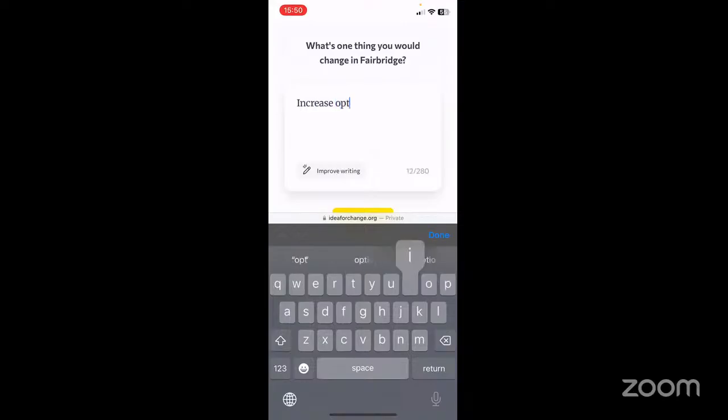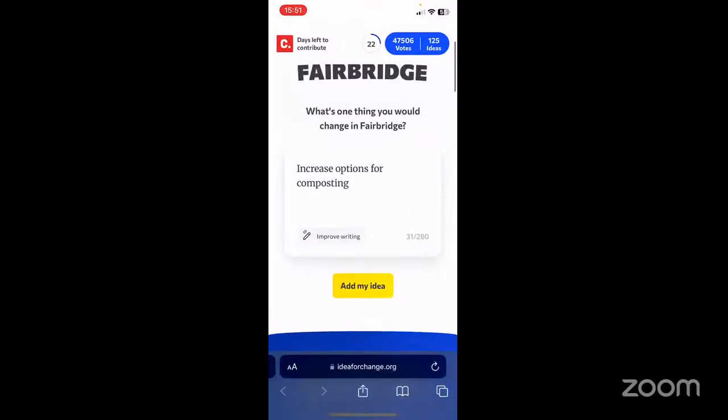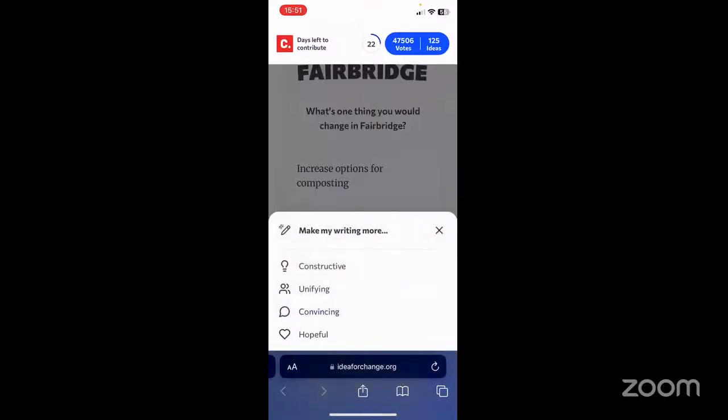Increase posting. This is interesting. We can get help to improve this. Don't really know, not quite sure what constructive means, but I'll try it.